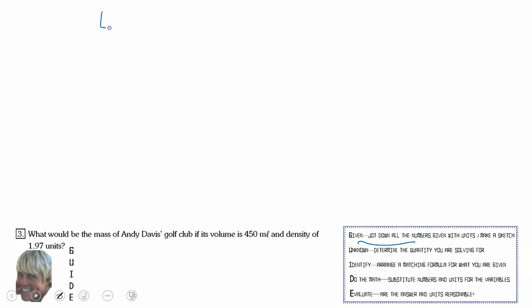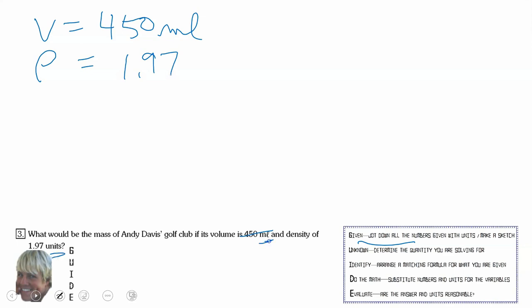We have 450 milliliters, so that's a volume. We have a density of 1 97/100 units. Now we have the milliliter, so we can go ahead and say grams per milliliter. And the mass is what we're after. So we've determined that. Now we need to arrange a matching formula.